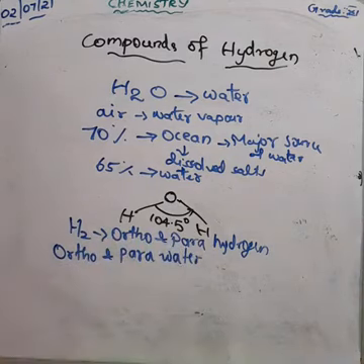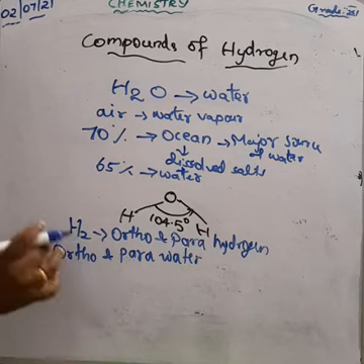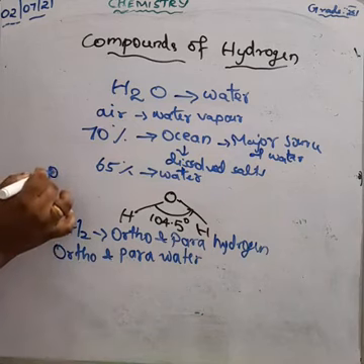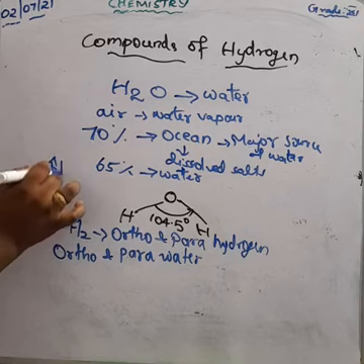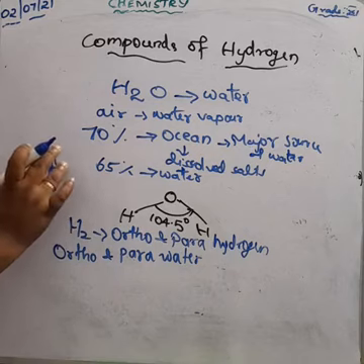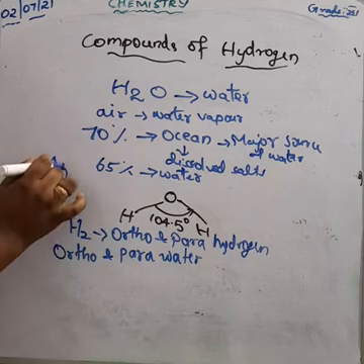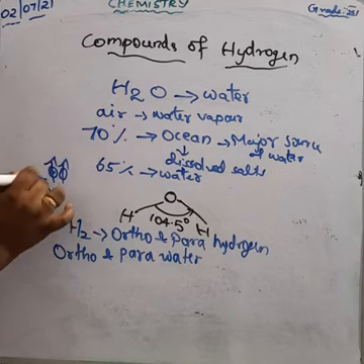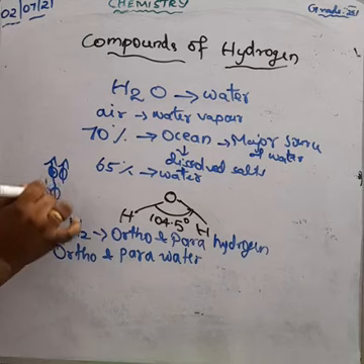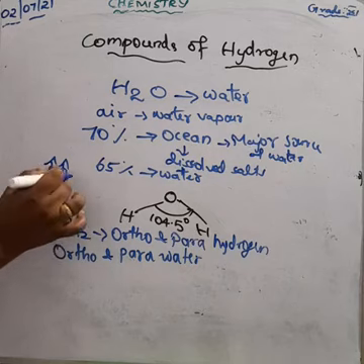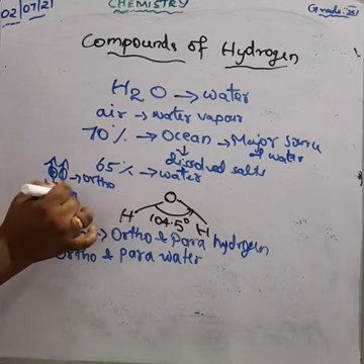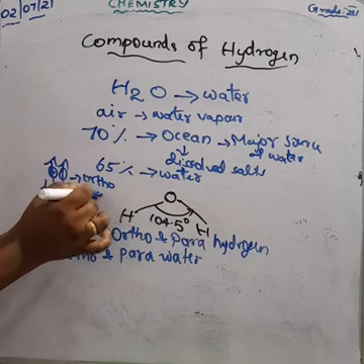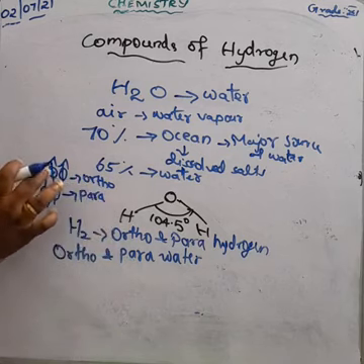Ortho means the nuclei of the atoms spin in the same direction. Para means the nuclei spin in different directions. We studied in hydrogen, atomic number 1, mass number 1, so number of protons is 1.